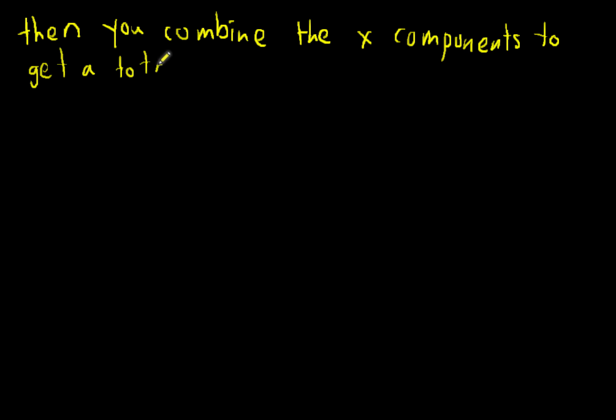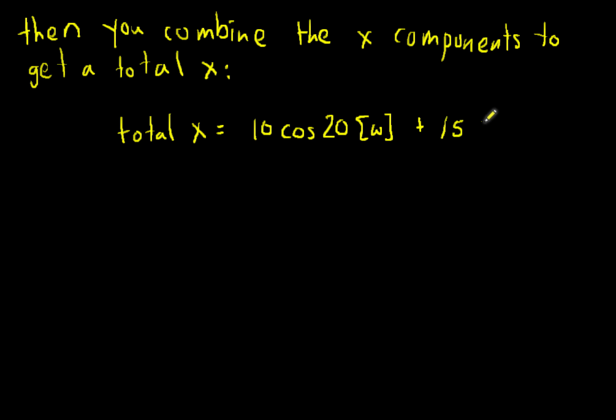The next step is to combine these components into a total x component. The x components are 10 cos 20 to the west and 15 sine 30 to the east. So the total x is 10 cos 20 to the west, plus 15 sine 30 to the east. Now we convert our directions into plus and minus signs. West is a negative direction, east is a positive direction.